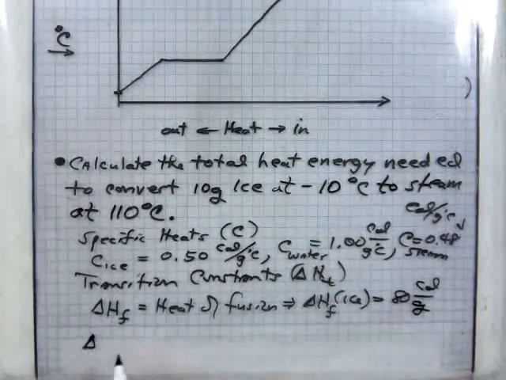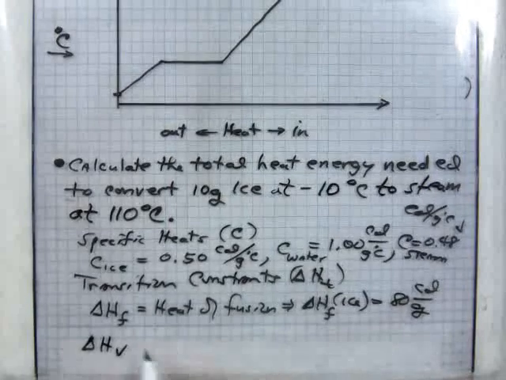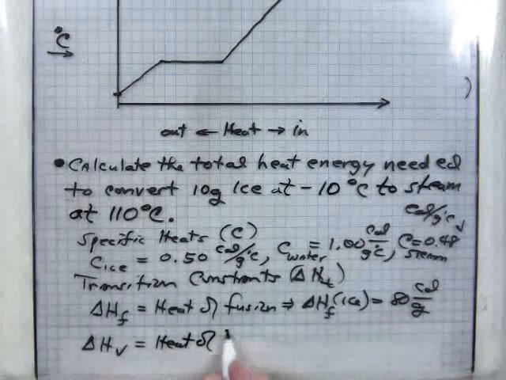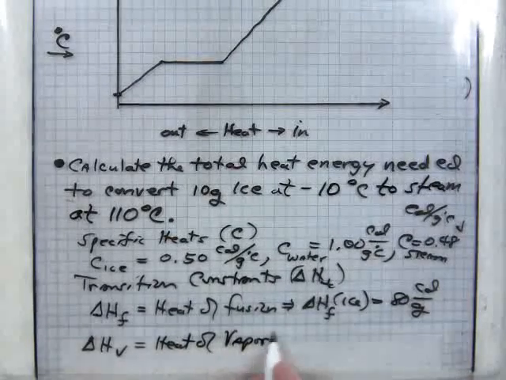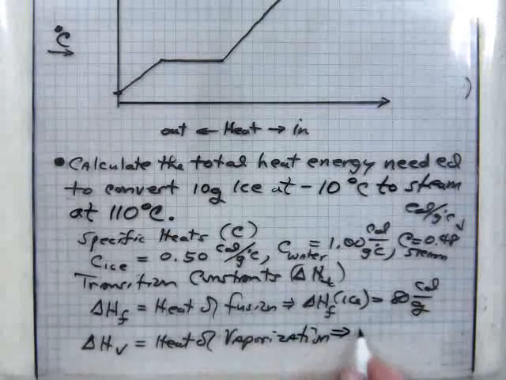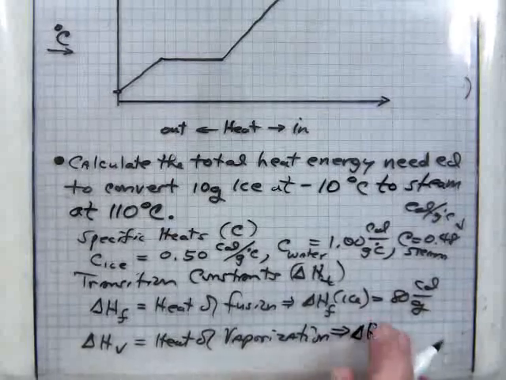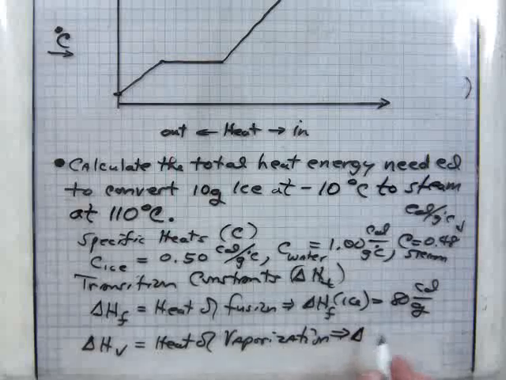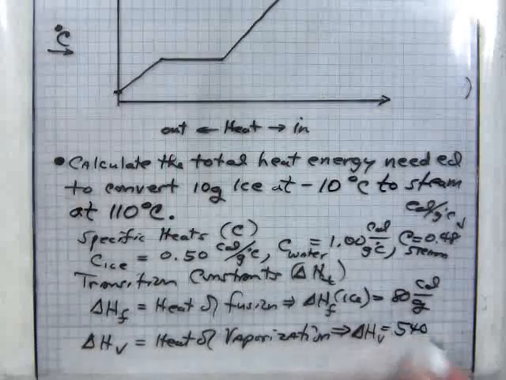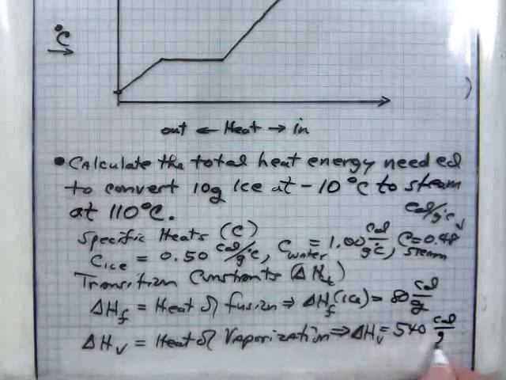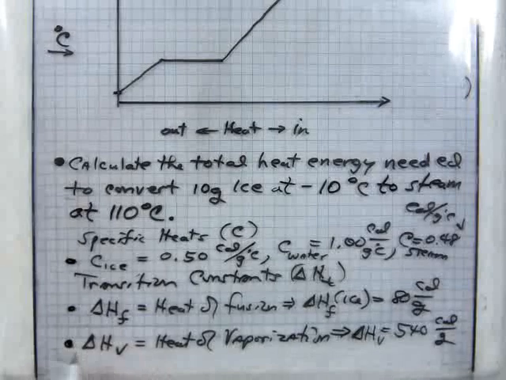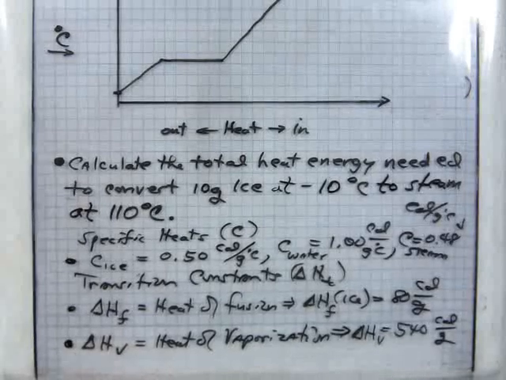And the delta H of V, called heat of vaporization, is given by the expression delta H V equal to 540 calories per gram. So we'll need these at selected times through the calculations.